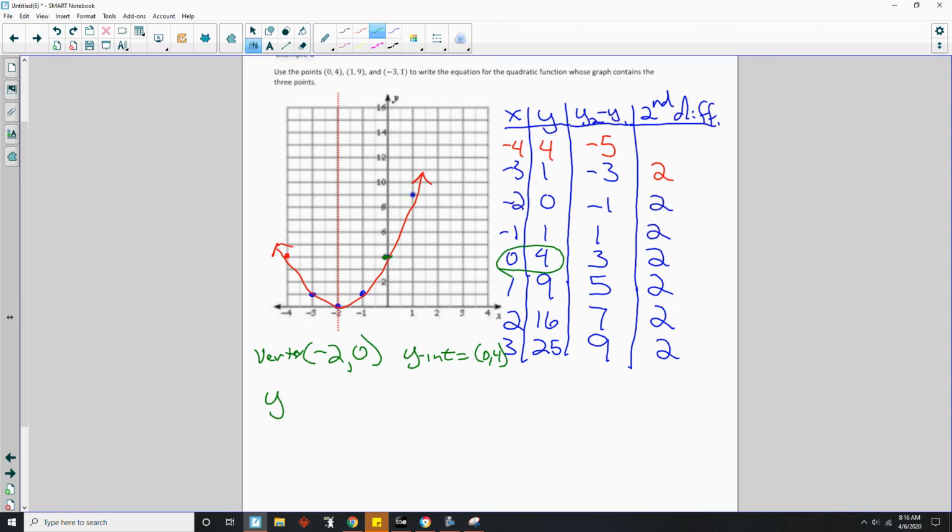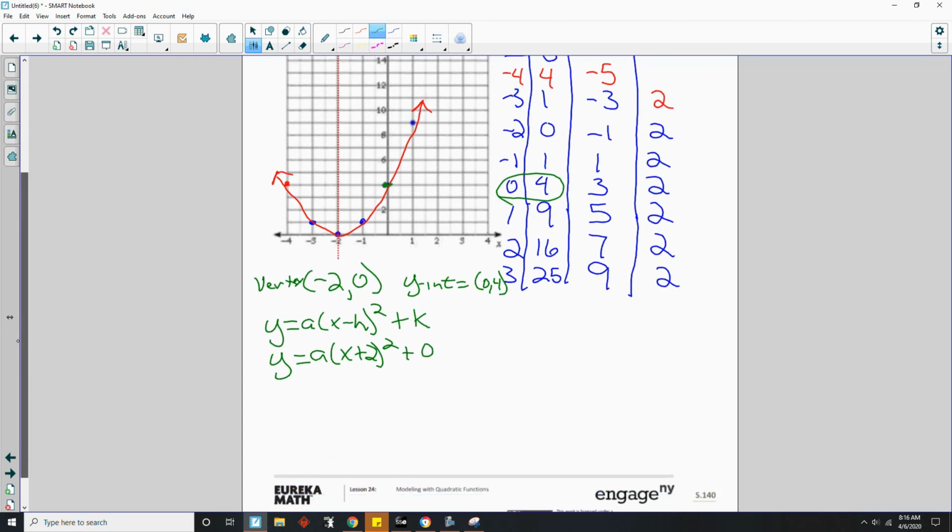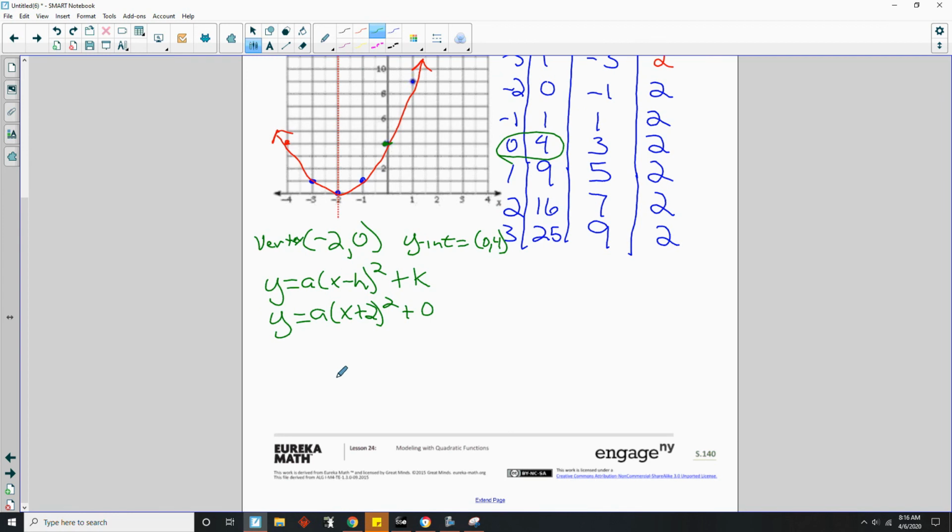So if we have y equals a times x minus h quantity squared plus k, and I know my vertex is the point negative 2, 0, then it's y equals a times x minus a negative 2, or x plus 2 quantity squared plus 0 is the vertex form.